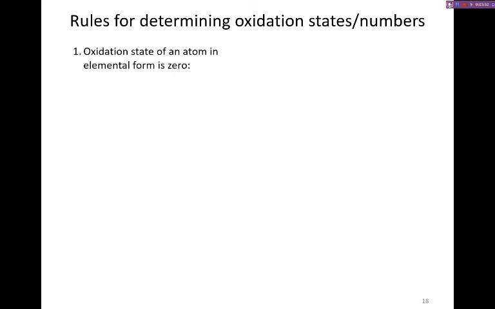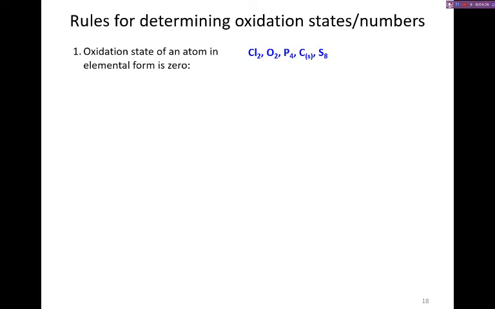Now, what do we mean for an atom in elemental form? We're talking about something where we have one type of atom and it exists in its common form in nature. So that would be chlorine, Cl2, oxygen, O2. You could have phosphorus, carbon, sulfur, any element.